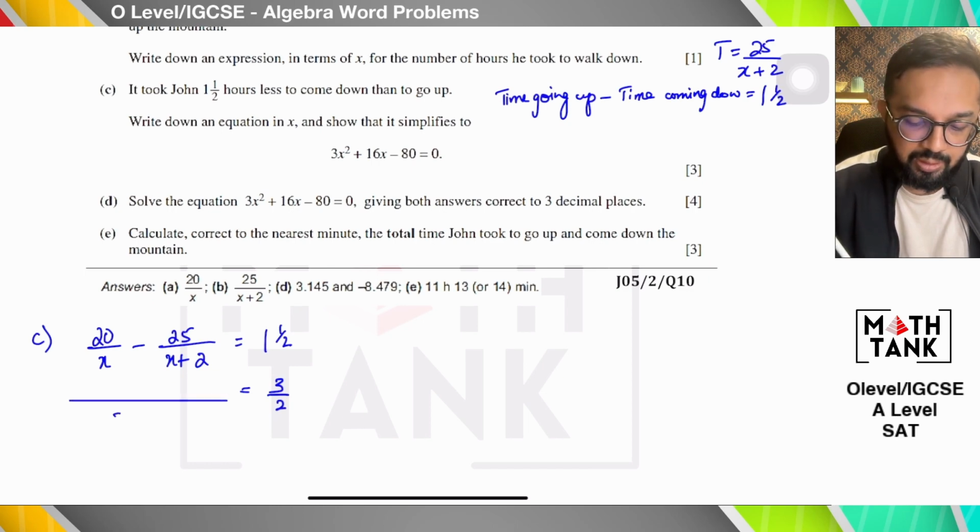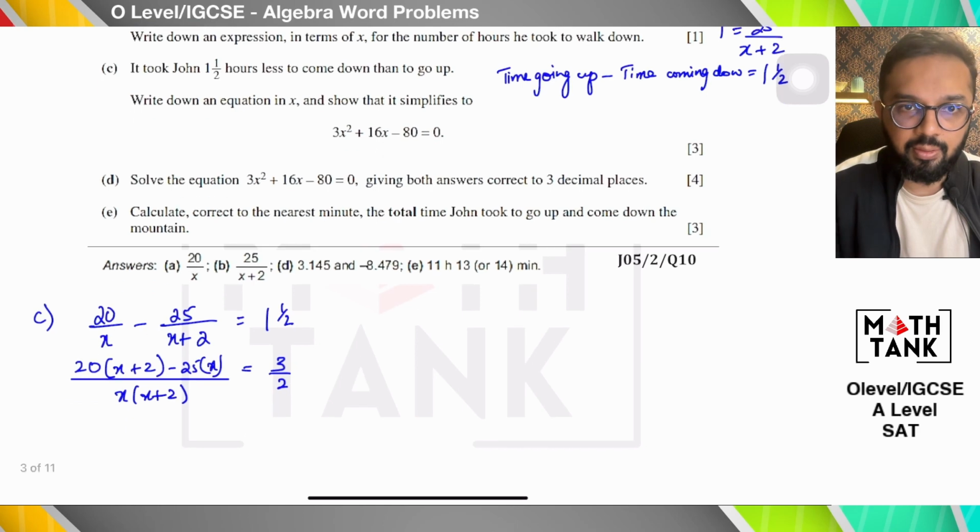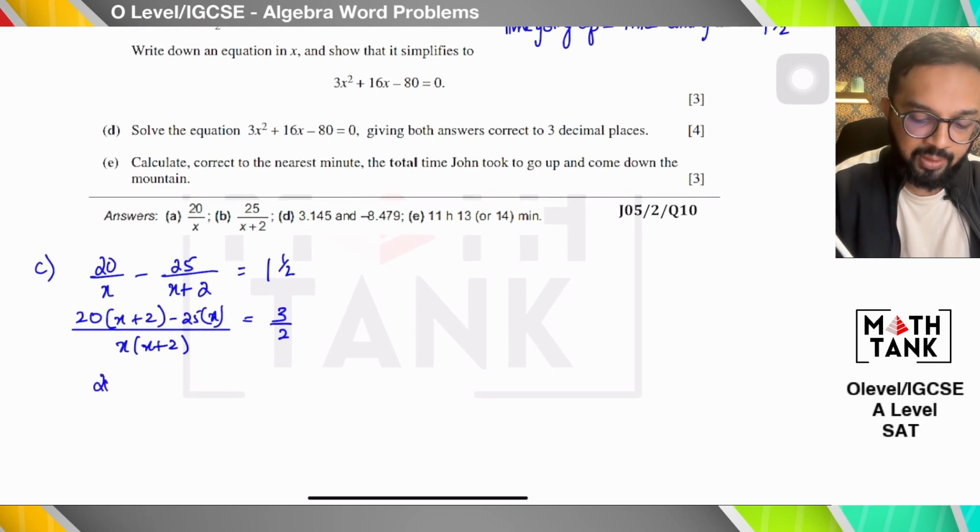Taking a common denominator, x into x plus 2, 20 into x plus 2, and 25 into x. Whatever they're missing in the denominator, I multiply that. So 20x plus 40 minus 25x, the whole thing multiplied by 2 actually. I'm cross multiplying again, 3x into x plus 2.